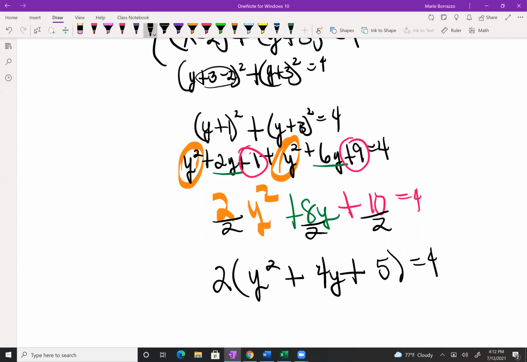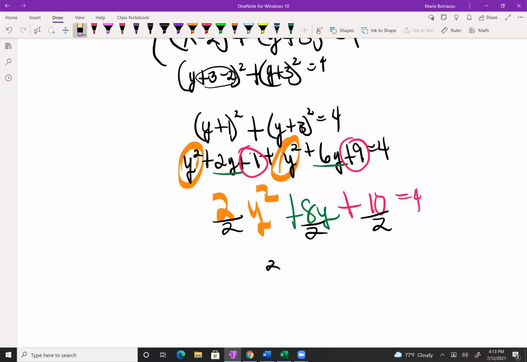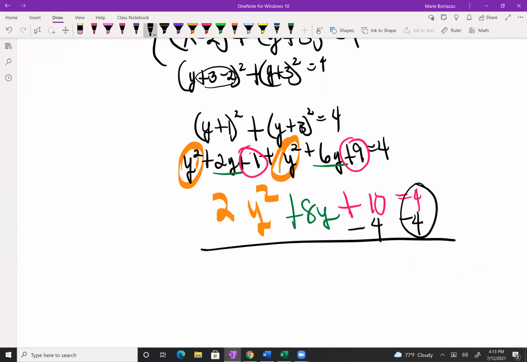Am I having a moment? So I'm here with 2y squared plus 8y plus 10 equal to 4. Oh, okay. What you'd want to do, I got ahead of myself. I knew that I caught that off the bat. Before you divide by 2, before we divide by 2, we are going to subtract this 4 on both sides because we need this set to 0.